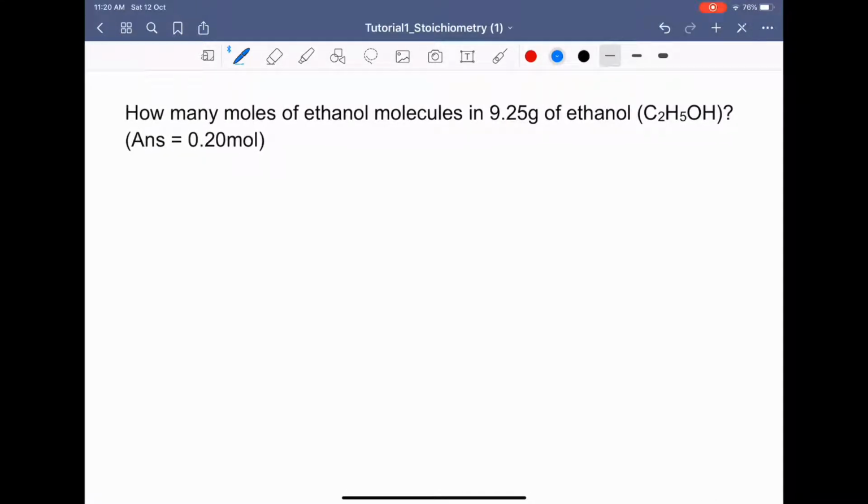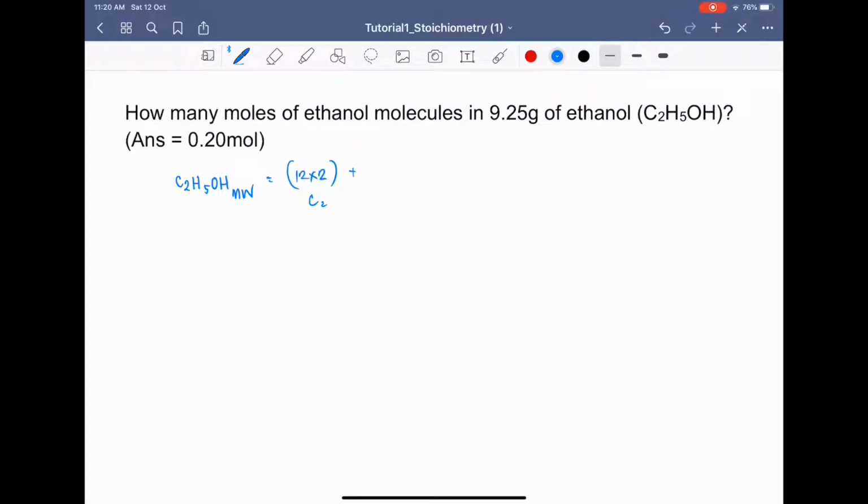Next question, how many moles of ethanol molecules are in 9.25 gram of ethanol? So we have here C2H5OH. We first need to calculate the molecular weight. So 12 times 2, that one is for carbon.